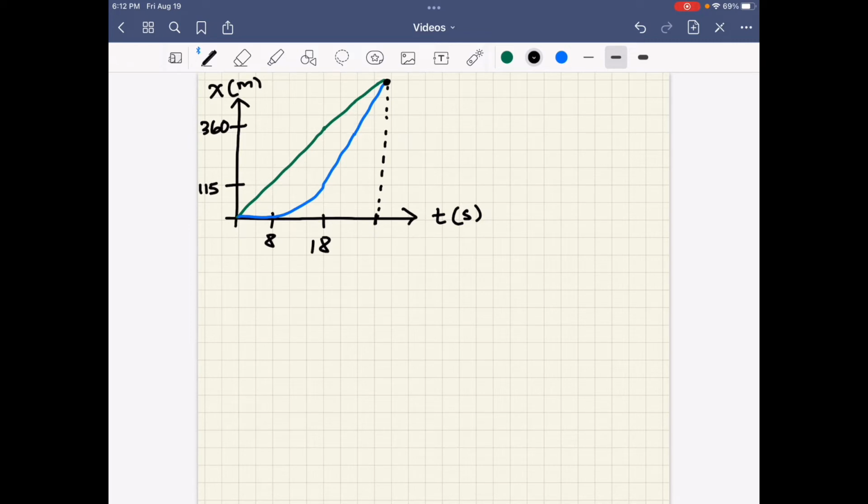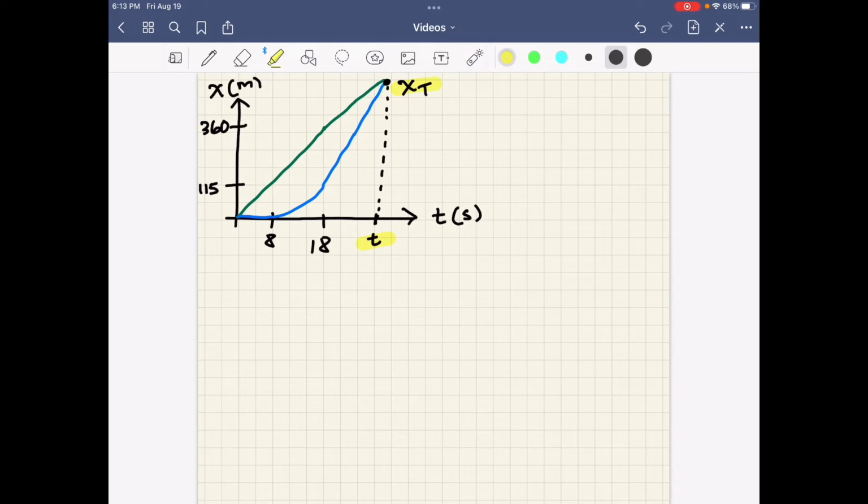And we want to know this position, which we can call the location where he gets a ticket, x_t. We want to know the position where he gets caught and the time when that happens. Okay, so that's how the position-time graph would look.